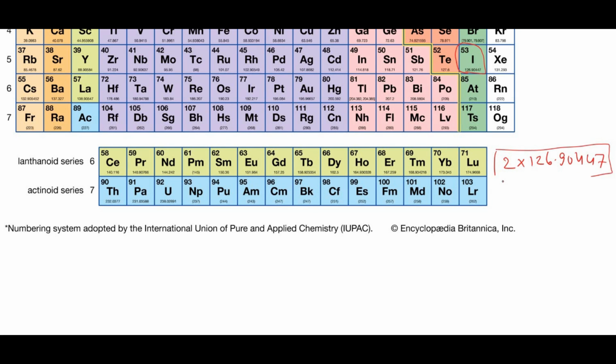So this would be the molecular mass of iodine, I2, that is 2 times the atomic weight, approximately 254. So the molecular weight of I2 is 254.